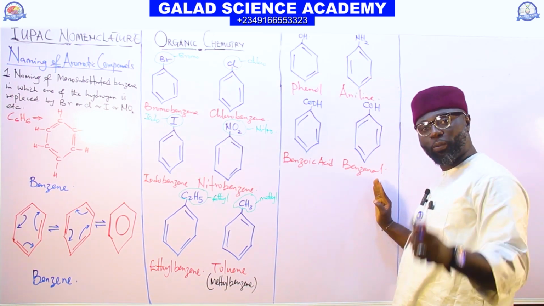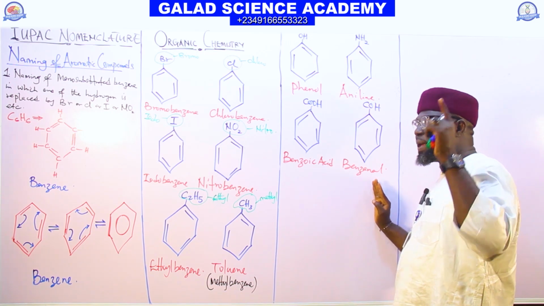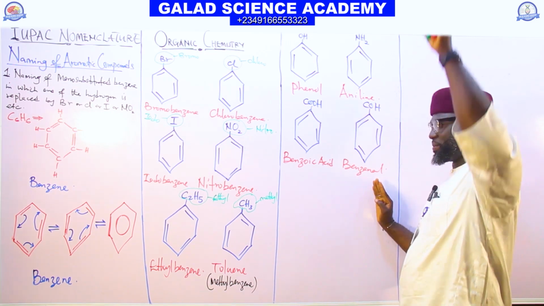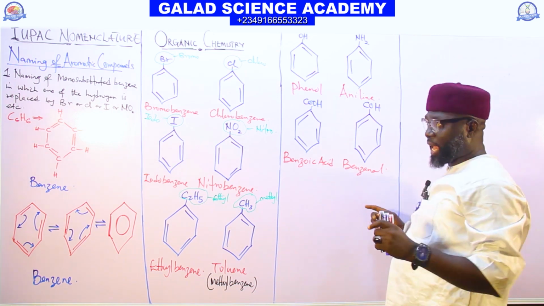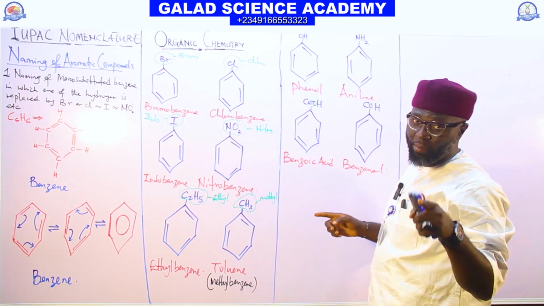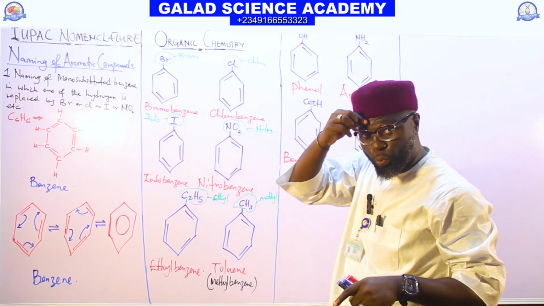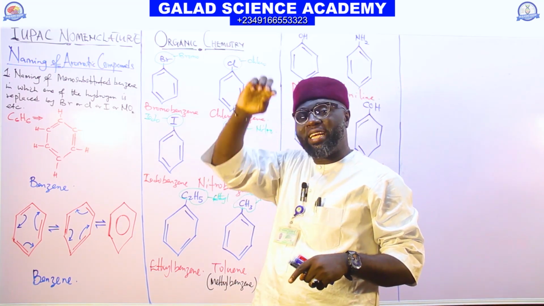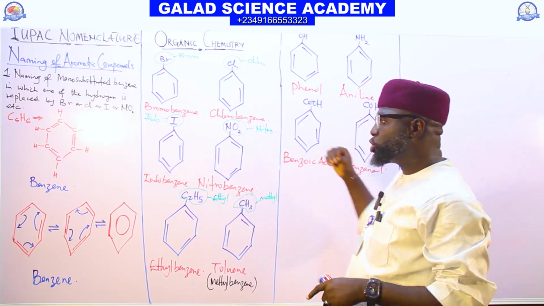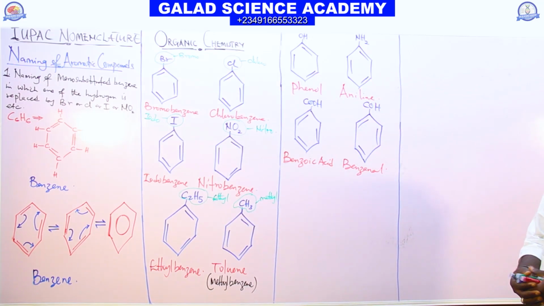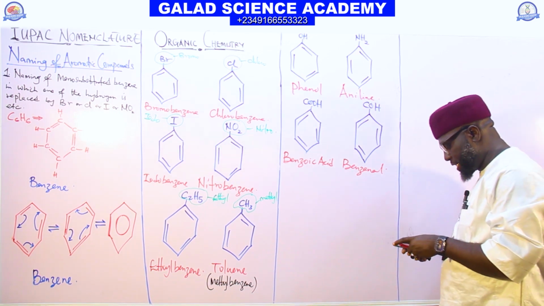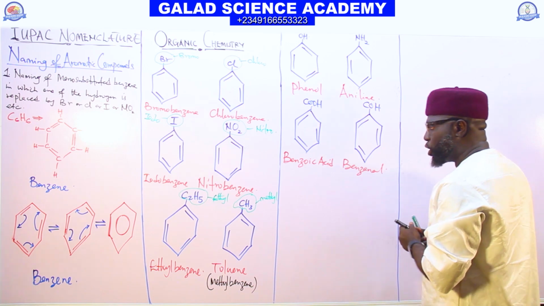But sometimes the benzene can also be named as a substituent group whenever it's attached to a side chain that has a functional group. Let me write it here.